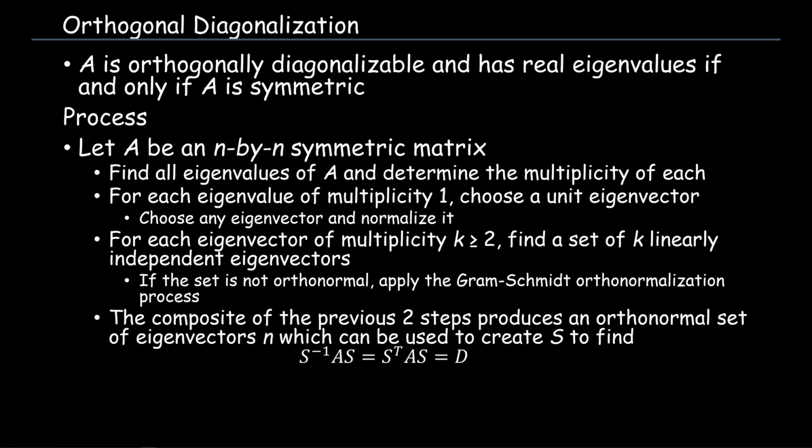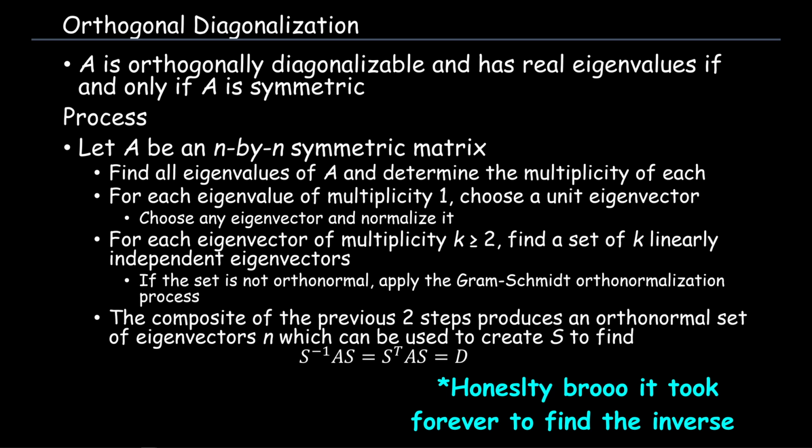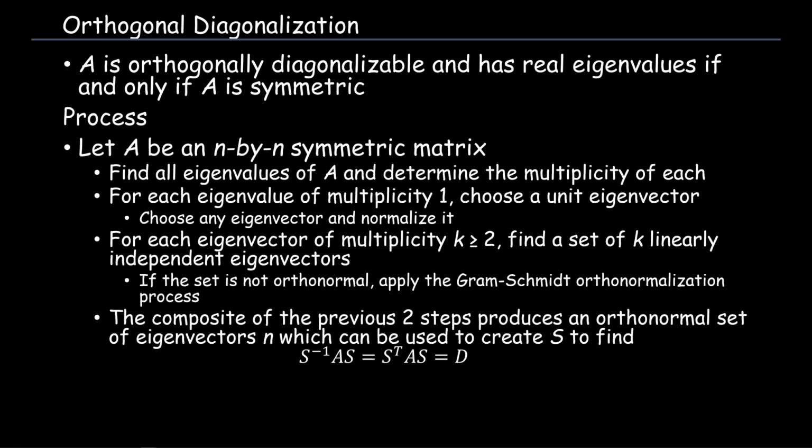This becomes so much easier when finding the inverse of S, because if you remember, during the diagonalization examples, especially with the 3x3 matrices, it took us a while just to find the inverse of S. We had to put it in a super augmented matrix, with the matrix on one side and the identity on the other, and then create the identity matrix on the left side, and whatever is on the right side is our inverse.